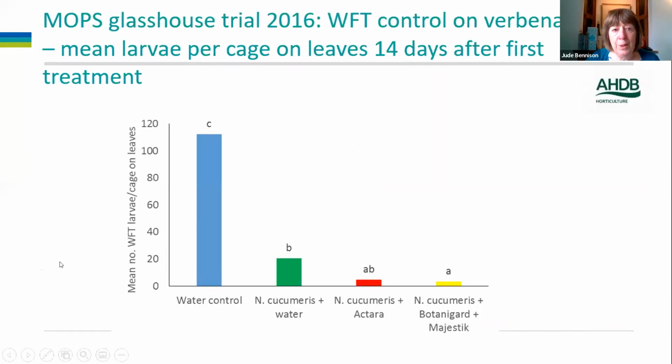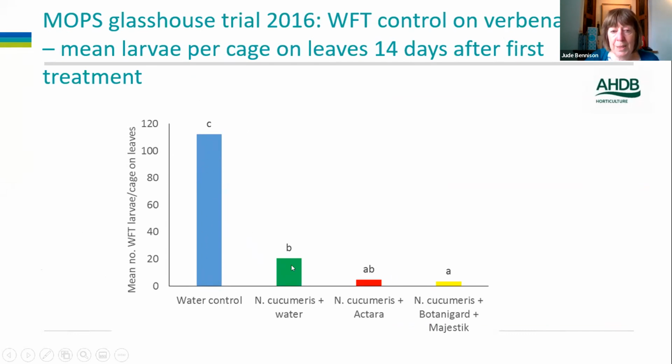I'd just like to show you a quick result of a trial we did in the MOPS program, where we tested using Botanigard tank mixed with Majestic as a supplement to Cocumurus. So this is our water control with lots of thrips larvae.